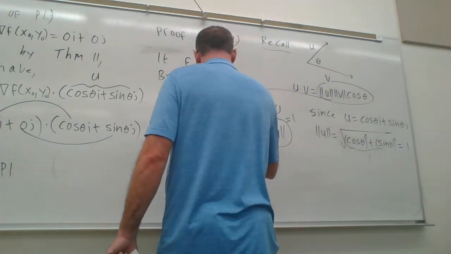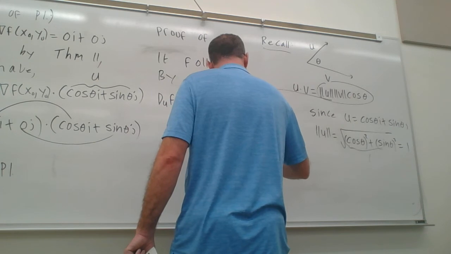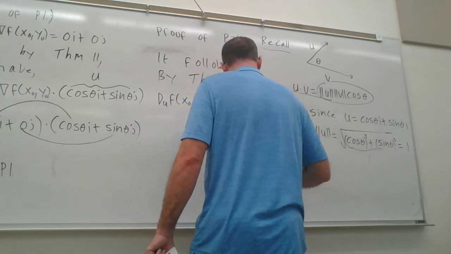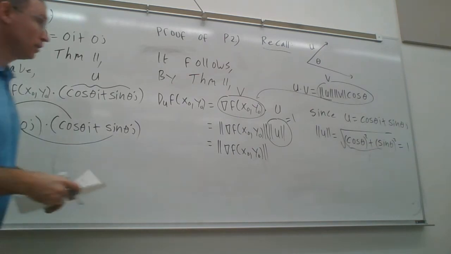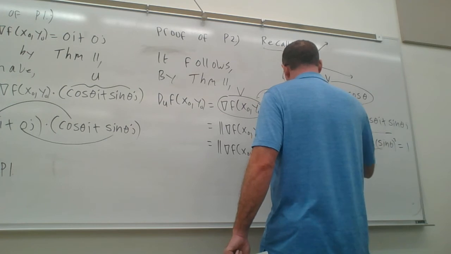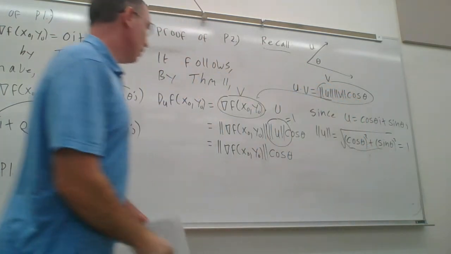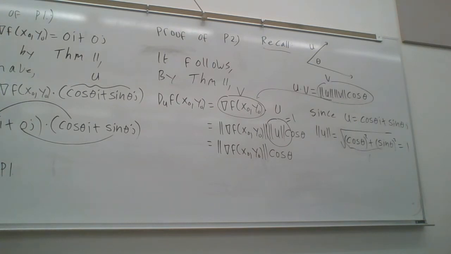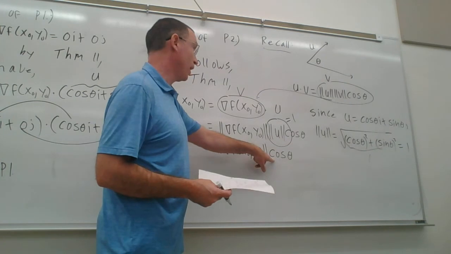So this just equals the magnitude of the gradient times, sorry, I forgot the cosine of the angle. Cosine of theta here. So we have the directional derivative equals the magnitude of the gradient times the cosine of the angle.